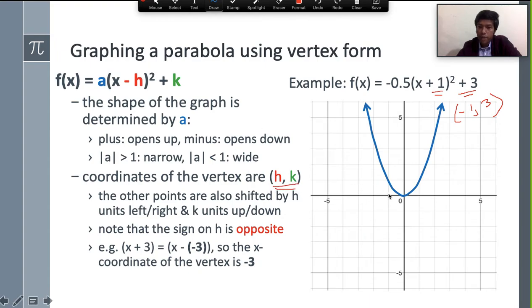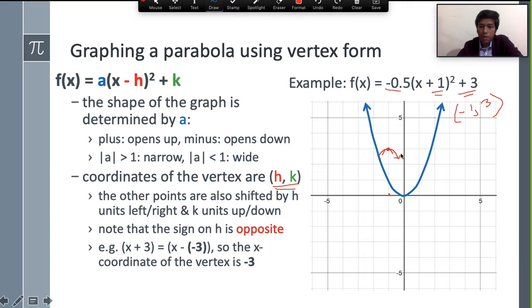That means the center should go there. And this is minus, so the graph should open down. And there is a 0.5, which means the graph will be wider.